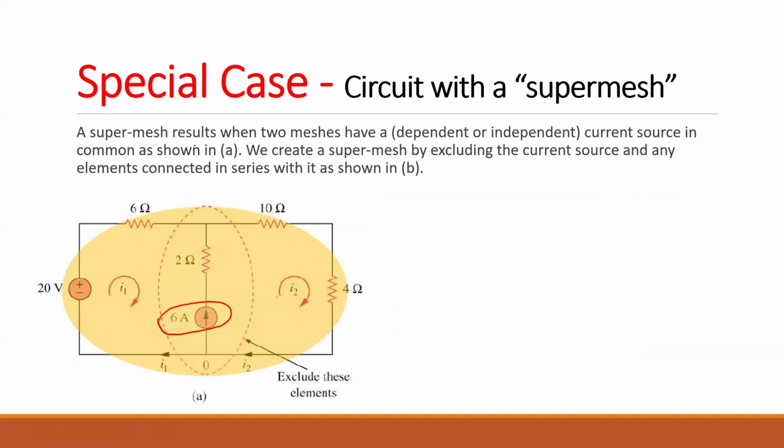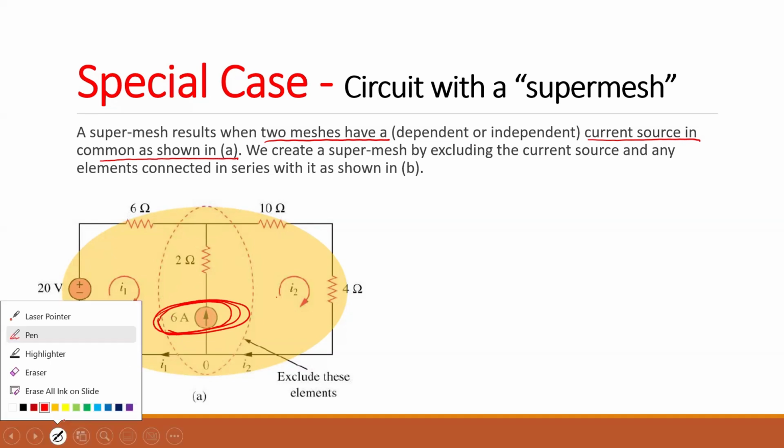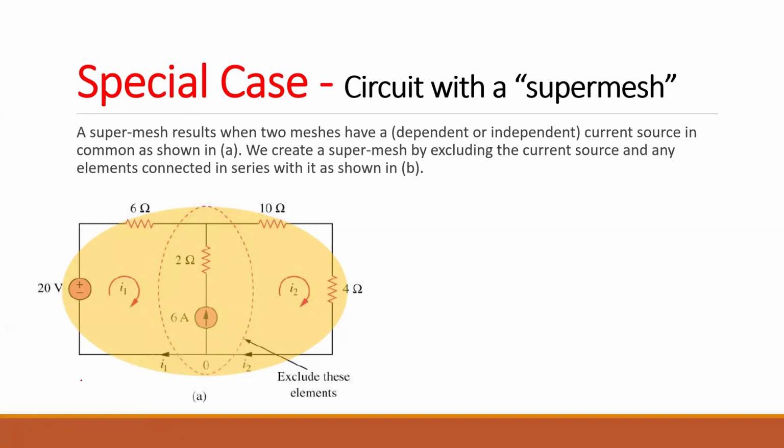So a supermesh results when two meshes have a dependent or independent current source in common, as shown in A. You need to consider it as a supermesh because you don't know the voltage here. Whenever you are writing the mesh method, you should be able to write the voltage. You don't know the resistance in this one, so you can't write the voltage.